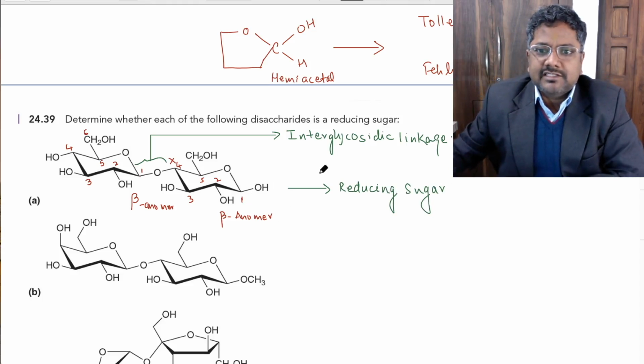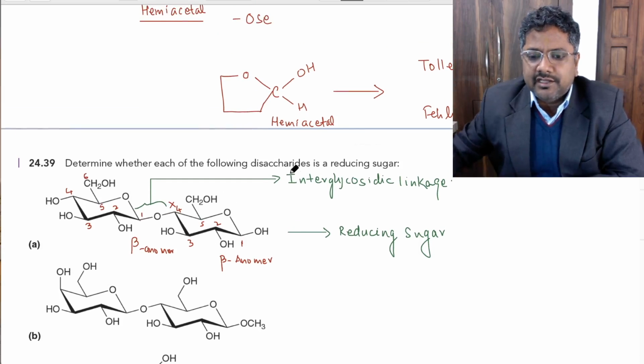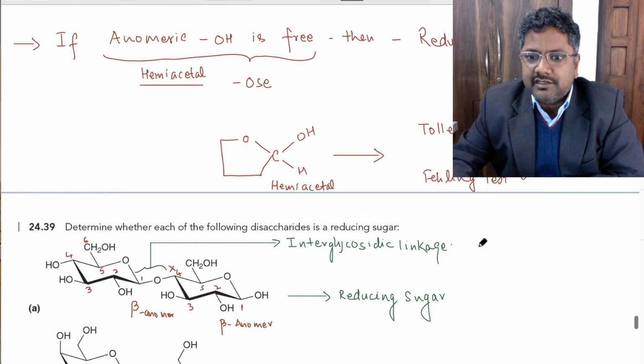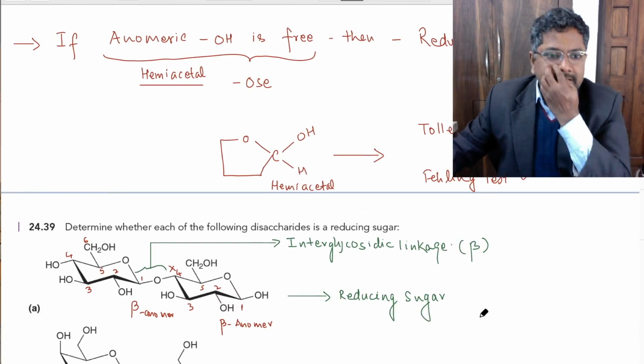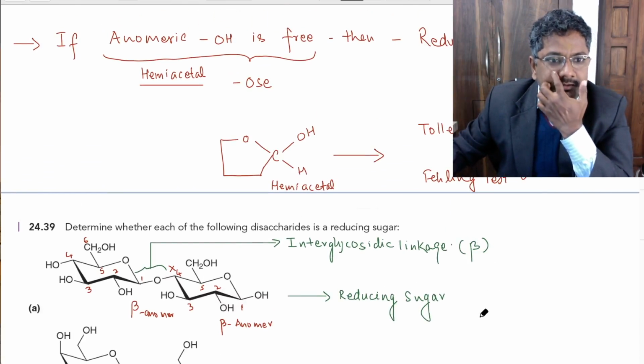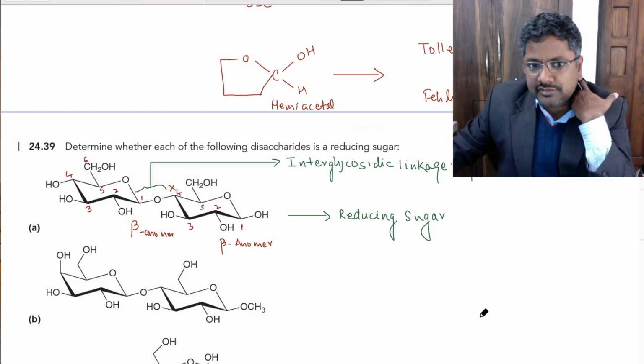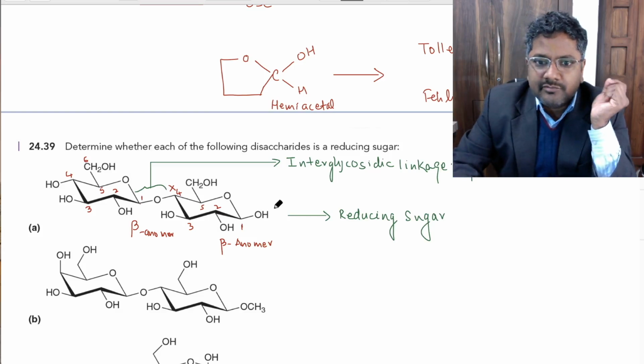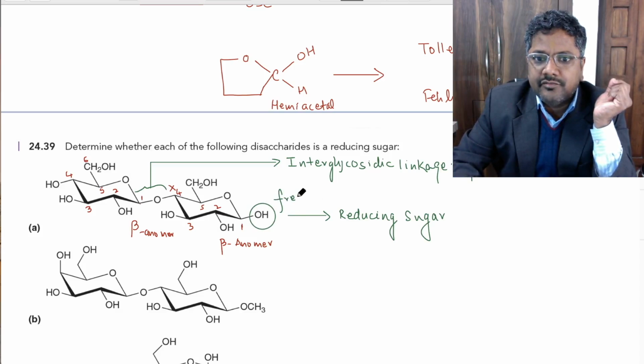If someone asks the nature of this interglycosidic linkage, you have to decide with the anomeric carbon. So this is beta. So the interglycosidic linkage is beta. This is a reducing sugar because this anomeric OH is free.